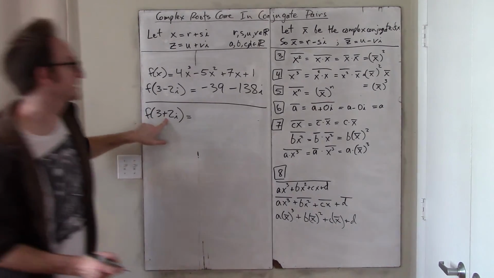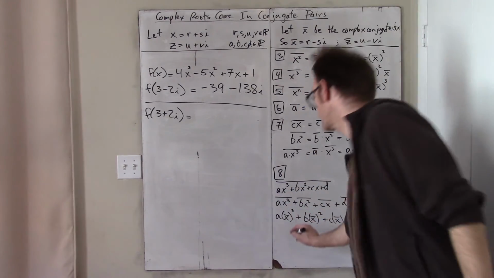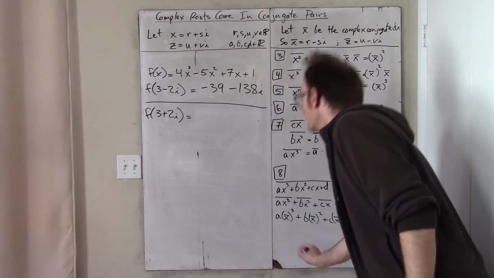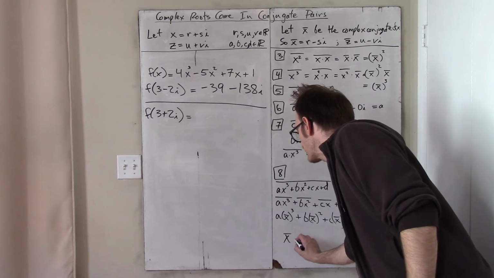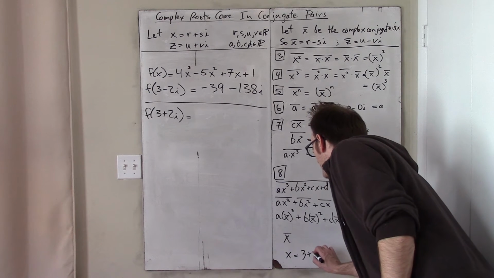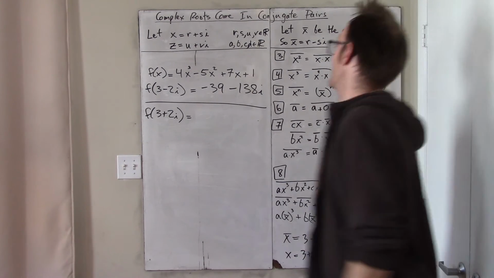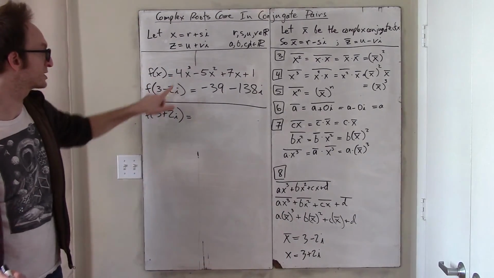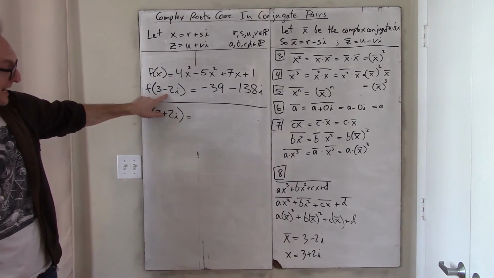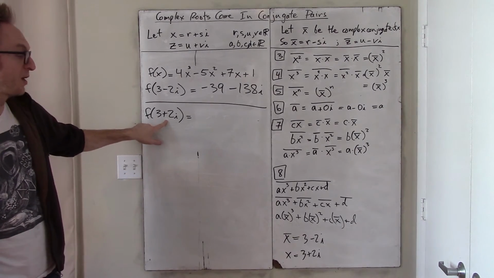what I get back when I plug in 3 plus 2i is, let's think of x as being 3 plus 2i, and we'll think of the conjugate of x as being 3 minus 2i. And so the first thing I did was to take my function and plug in the conjugate, and I got a certain something. But now when I plug in 3 plus 2i, what happens?